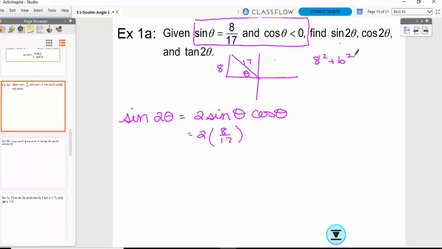8 squared plus b squared equals 17 squared. So this is pulling in something not new, because we have done it, but it's been a while. When I do a square root, we have to do plus or minus. How do I know if it's positive or negative?